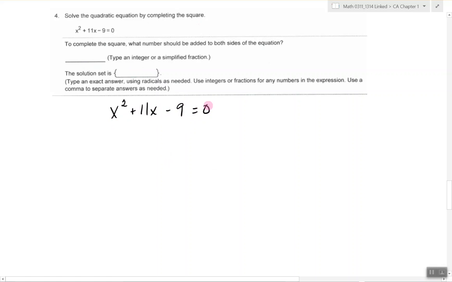According to the steps, the coefficient of x squared is already 1, but the constant needs to go to the right-hand side. So I have x squared plus 11x is equal to, it will be positive 9 over here. Let's put our blanks. X squared plus 11x plus blank is equal to 9 plus blank.